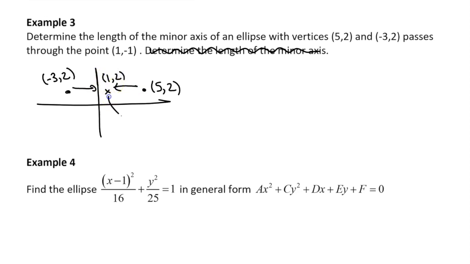And that is going to be the center of our ellipse. And we know that because the vertices are on part of the major axis, and if you average that out, that will give you your center. You could use the midpoint formula if you want to, but I don't think that's really necessary. And so from there, we also know we have the point 1, negative 1.